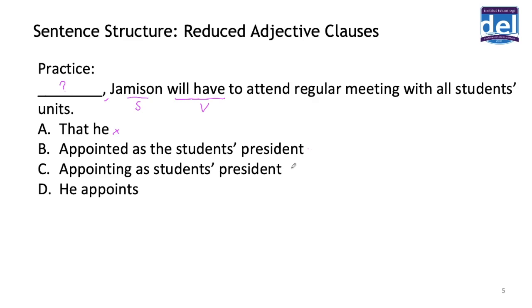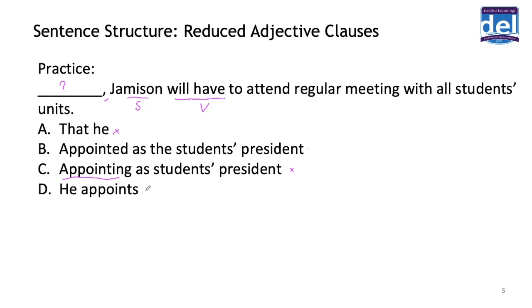Then I will eliminate C. Well, since from its structure, it can be a reduced form and the structure is correct. But there is a problem with the meaning. Verb-ing or present participle means active. Well, you see Jamison here is the student president. He is appointed, not appointing. You get what I mean, yeah?